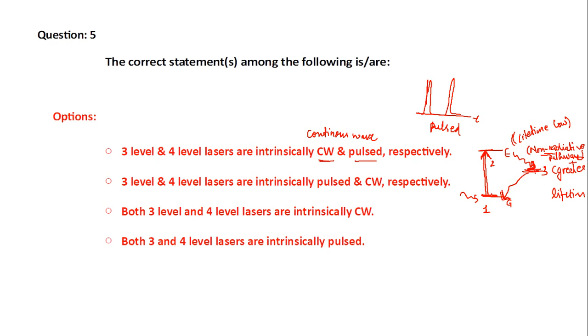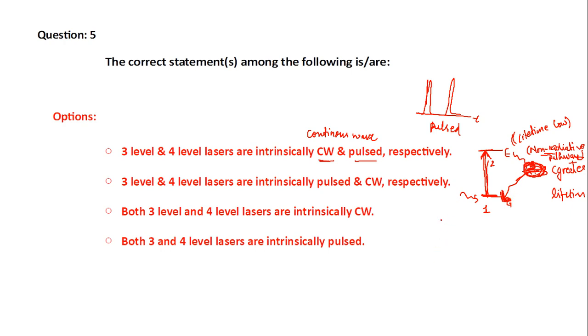Now, this may happen: the accumulation of population in the third state, and then simultaneous emission, has happened for a cycle. But for this third state to be populated again, and then again the emission to occur, you will need a fraction of time.